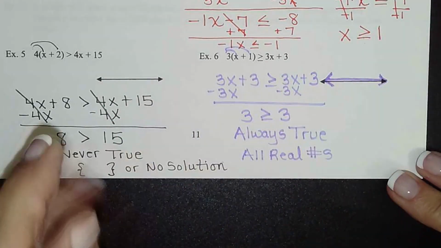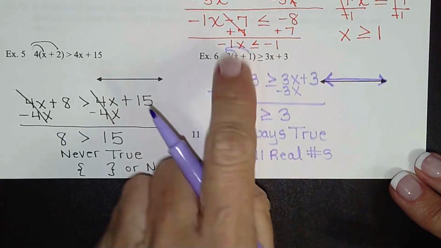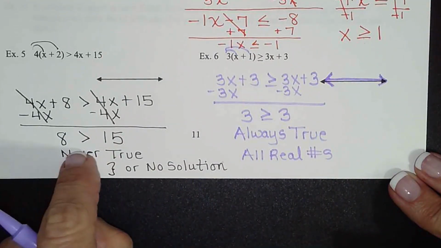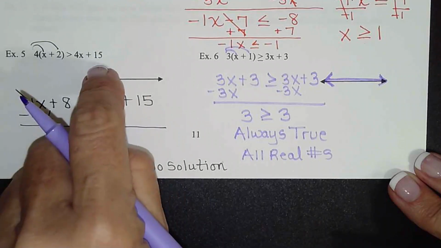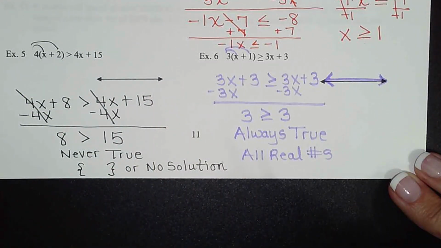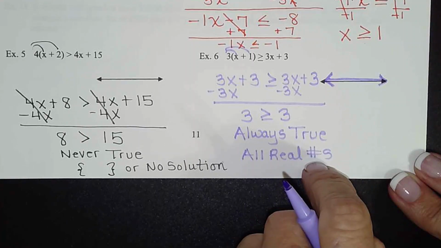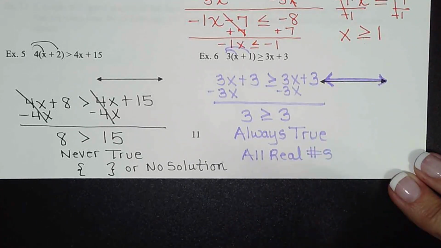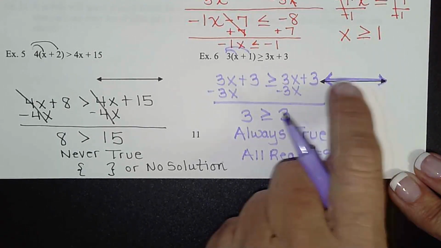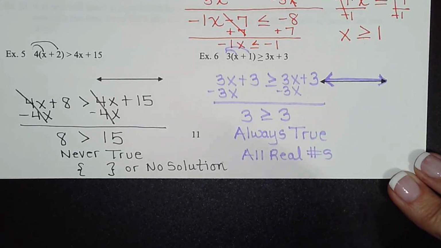So any number on the number line will work. Here, no number will work, so the number line's left blank. But all real numbers, entire number line is filled in, because this is the number line of all the real numbers.